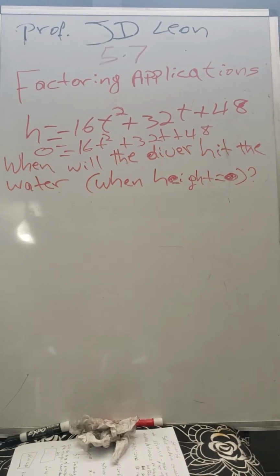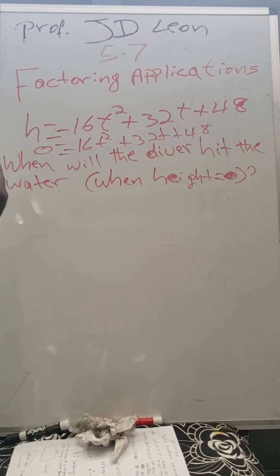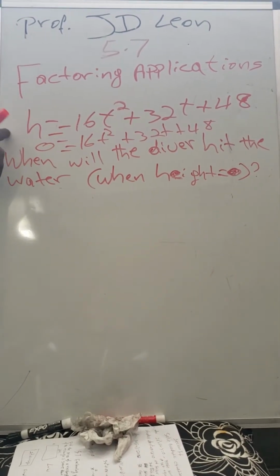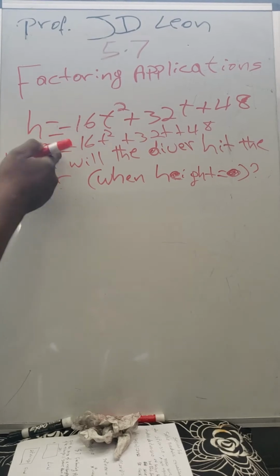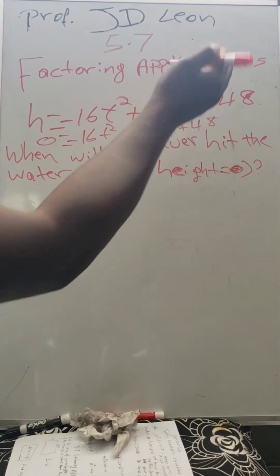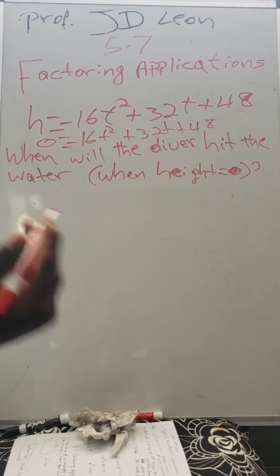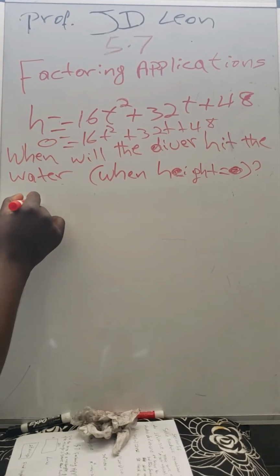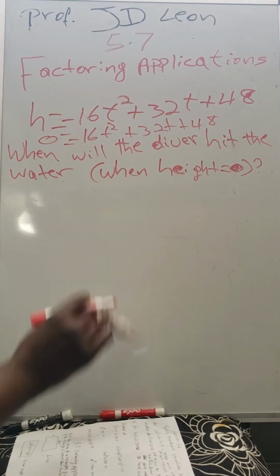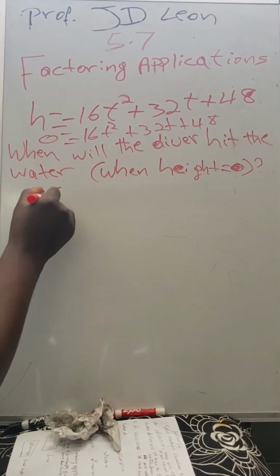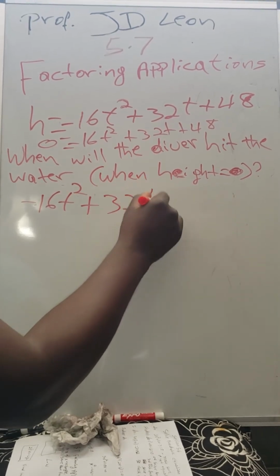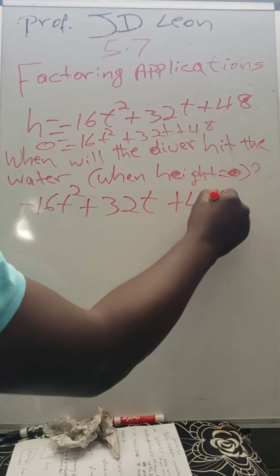So the first thing we have to do is, because the question is when the height is 0, we replace the h with 0. So 0 equals the same equation, negative 16t squared plus 32t plus 48. Now we can factor that. Let's rewrite this as negative 16t squared plus 32t plus 48.